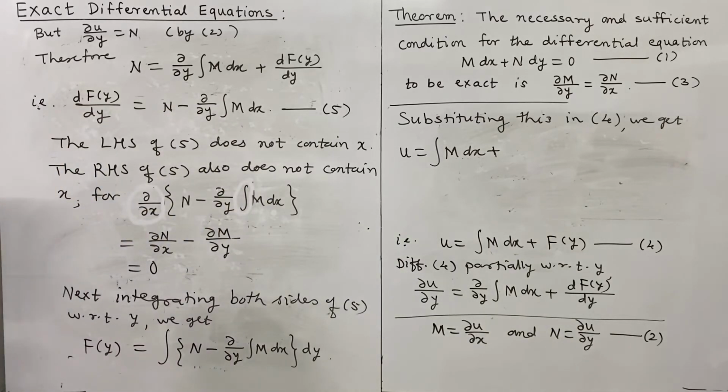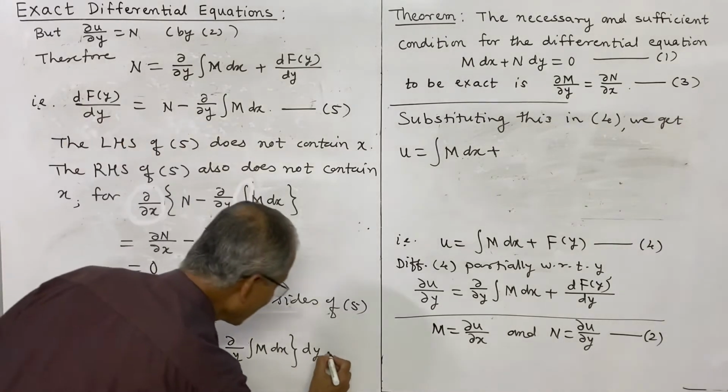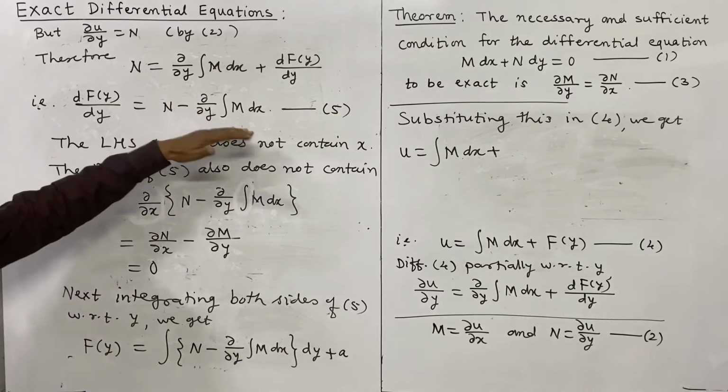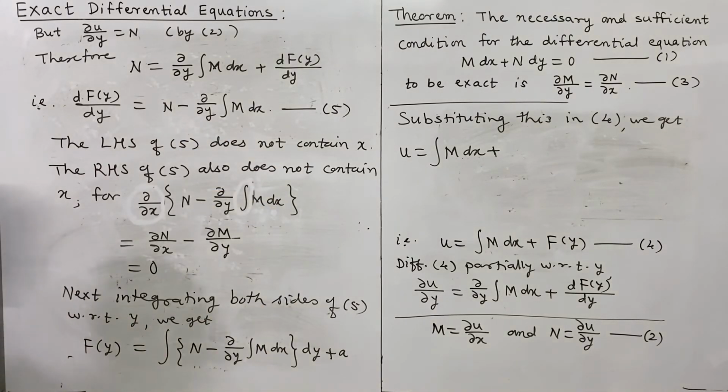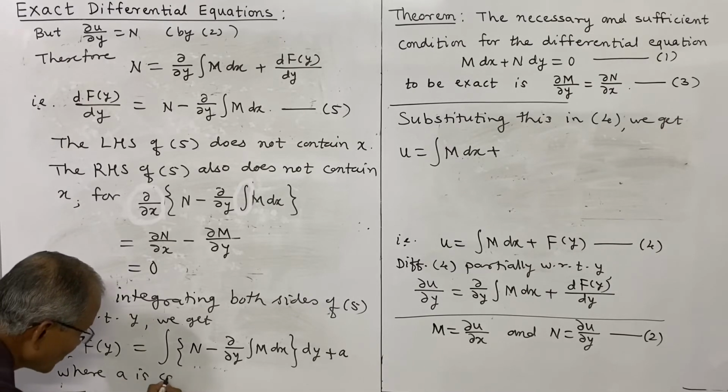And one more thing we should consider here is we have integrated both sides, and we shall add a constant of integration as a. When we integrate, we add the constant of integration, and it is written as a, where a is the constant of integration.